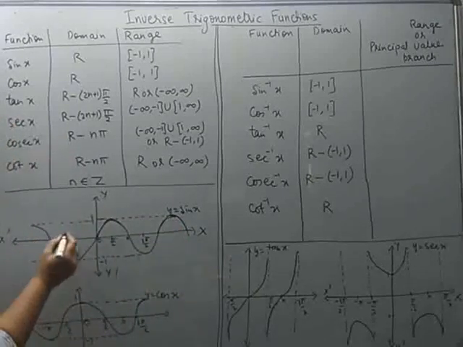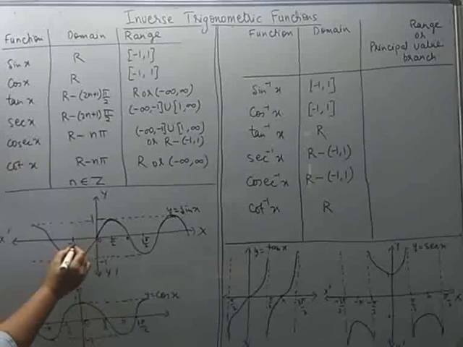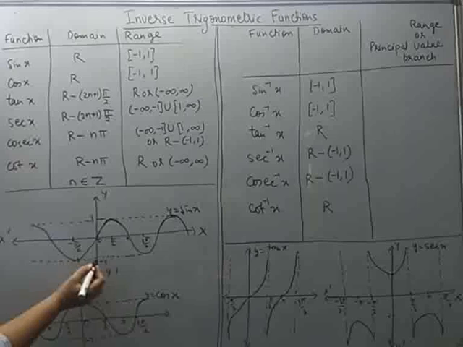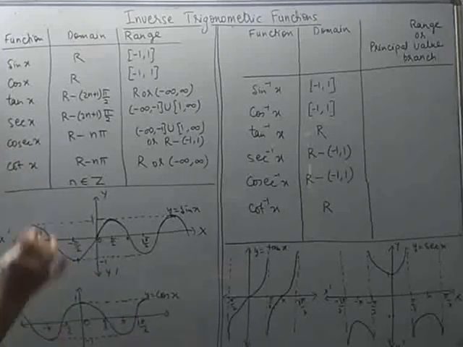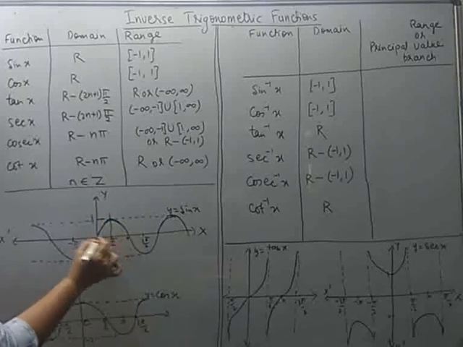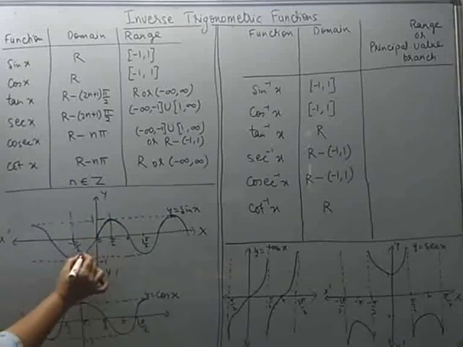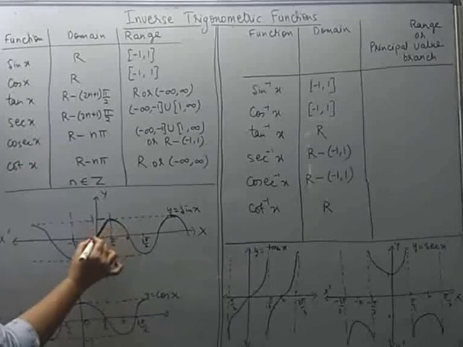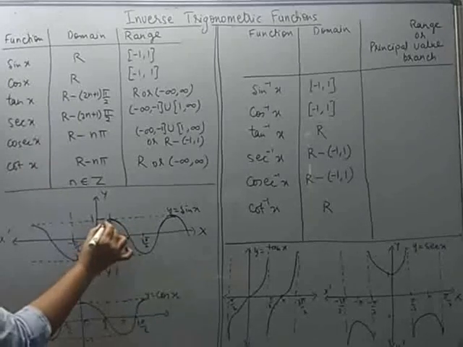Is it or not? If over here I say this is angle minus pi by 2, for it sin x will become minus 1. Now I am highlighting a particular portion of the curve. See from here to here.